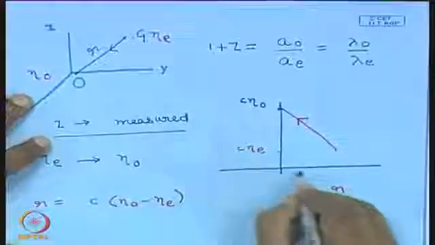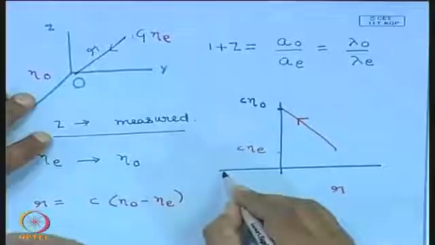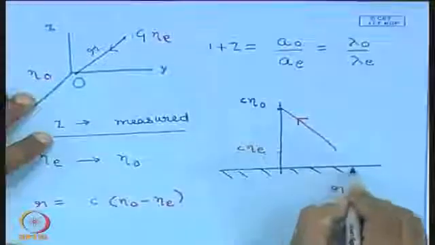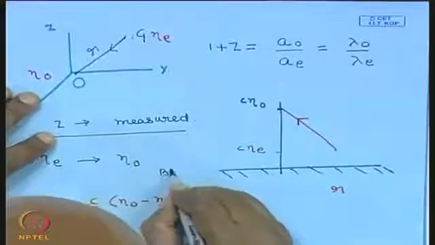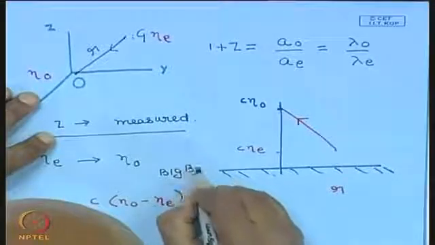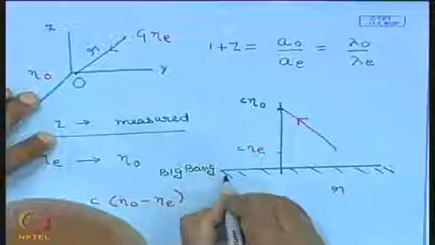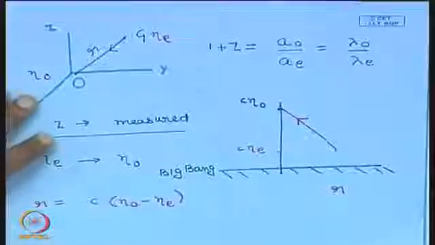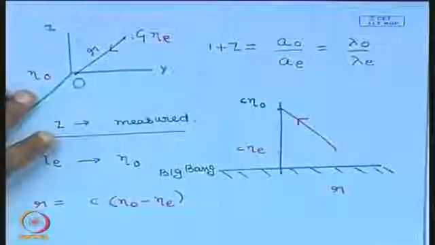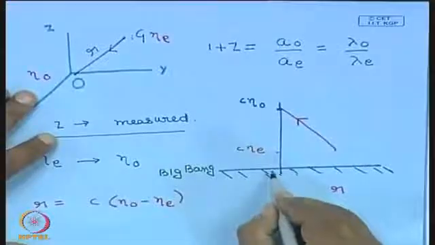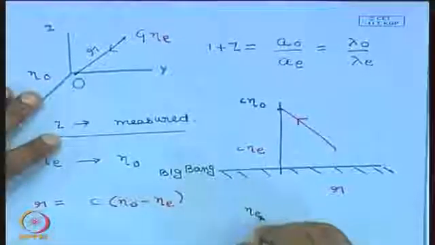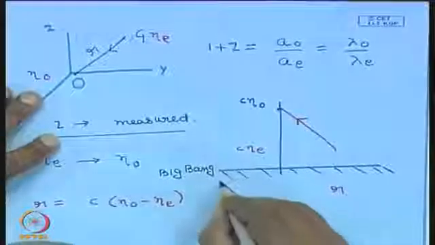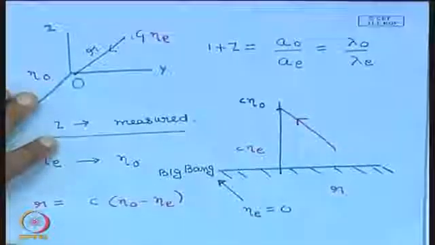This line is the Big Bang event, so eta emitted equal to 0 is the Big Bang, that is the origin.